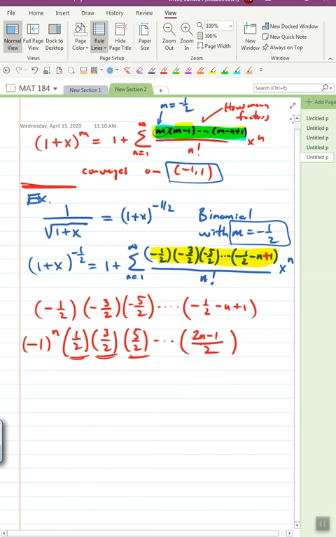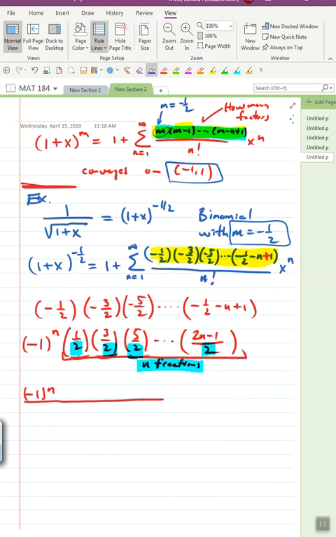Everybody with me there? Okay, now, what I see then when I multiply out all n of these fractions, because there are n fractions there now, what we get is negative 1 to the n. In the bottom, aren't we going to just be multiplying a bunch of 2's? In fact, there will be n of them, so that bottom should be 2 to the n.